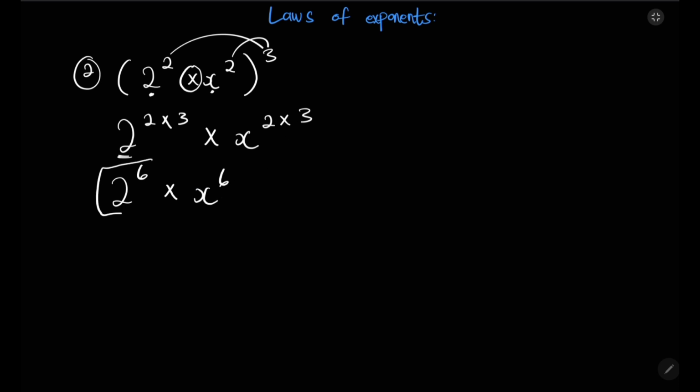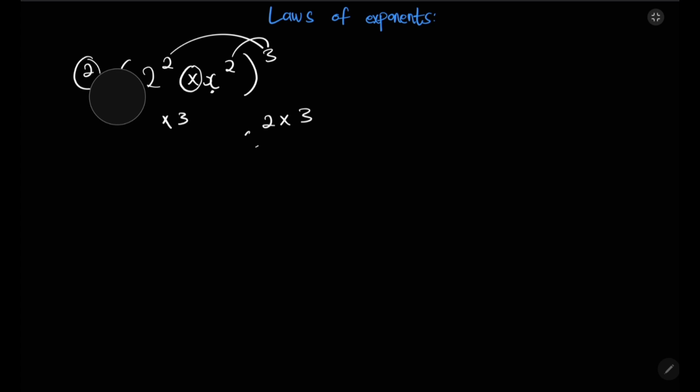Now let's simplify this part. When you punch this in your calculator, you'll get 64. 2 to the power 6 is 64 times x to the power 6. 64 times x to the power 6 is equal to 64x to the power 6. That is how we solve this, okay?